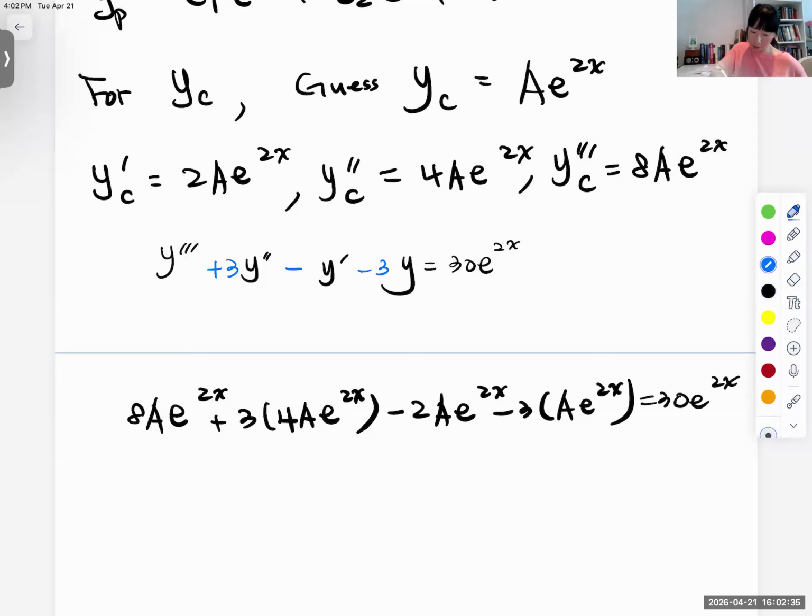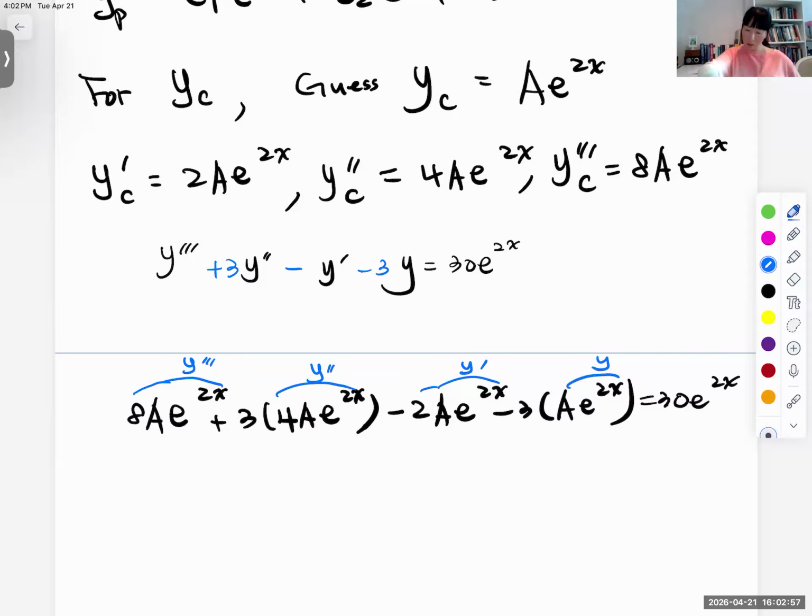So this is y third prime, and this is y second prime. This is y prime. And then this is y, right?